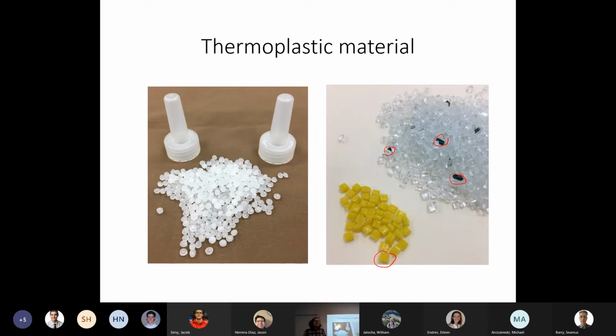So oftentimes when we're processing a colorful material, we have just a small amount of polymer that has a pretty rich or intense color, and we mix that with something that's either clear or white to get the actual material. That way, it makes material handling a little bit easier.